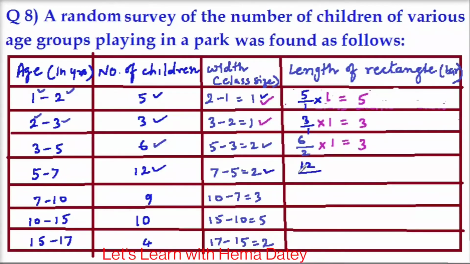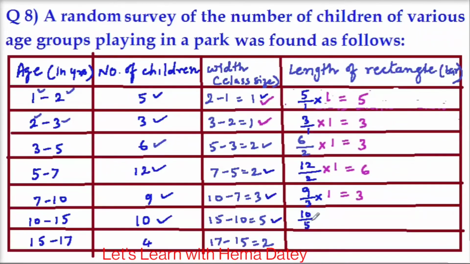Now for the fourth class interval, frequency is 12 divided by width which is 2 multiplied by the lowest class size which is 1, we'll continue, we'll get 6. Now for the next class, 9 is the frequency, 3 is the width, multiplied by lowest class size which is 1, you will get 3.